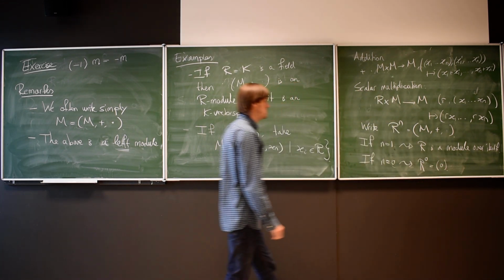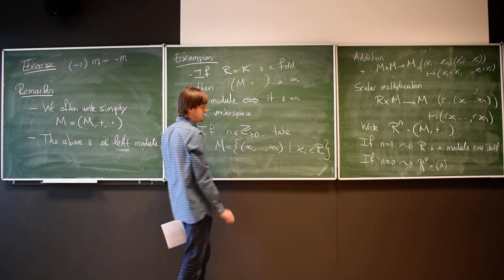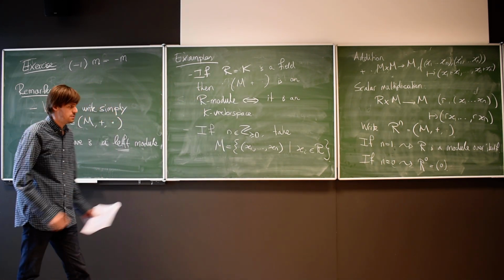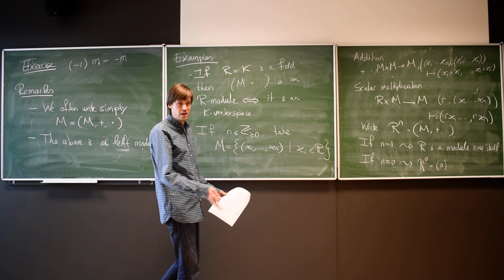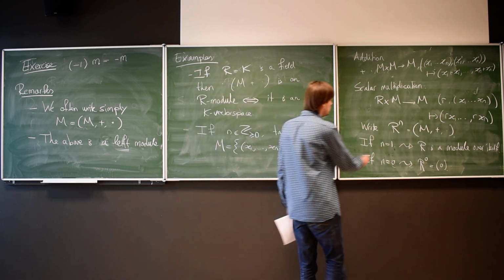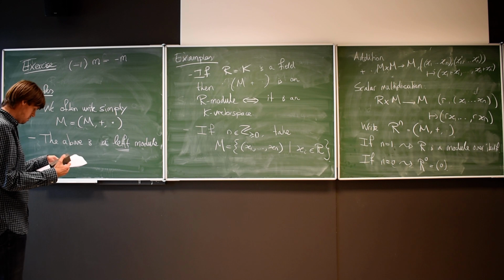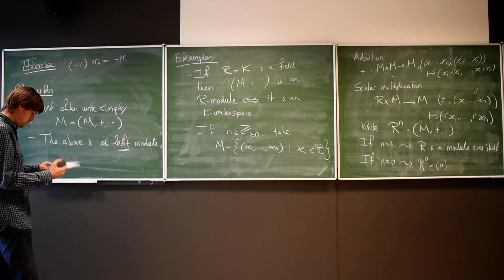So it's the unique module where the underlying set has one element, a unit element, and then there's only one way to make this into an R module. So these are, I guess, the most basic examples.